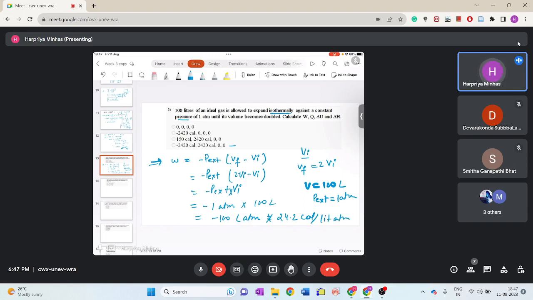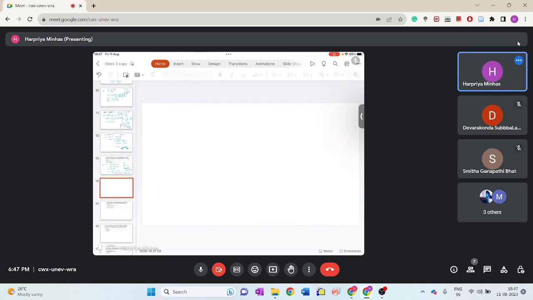After calculating this, we are going to get a value of around minus 2420 calories. So this is your work.